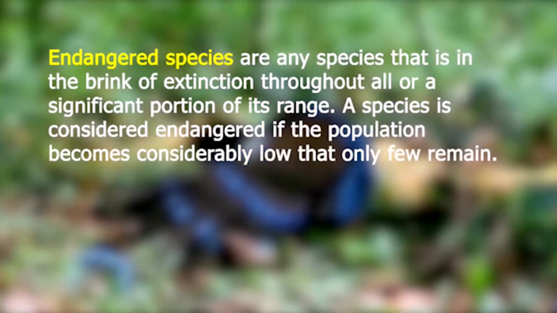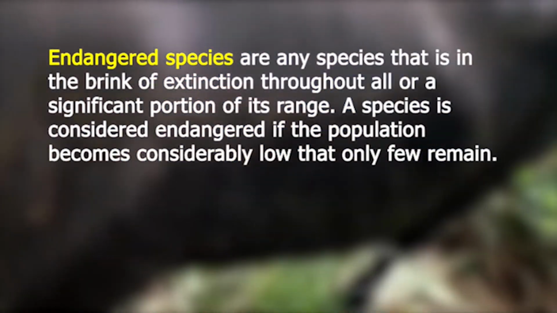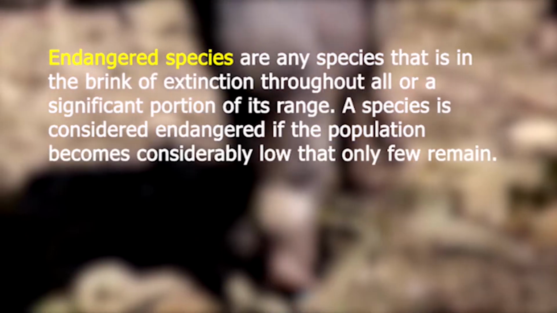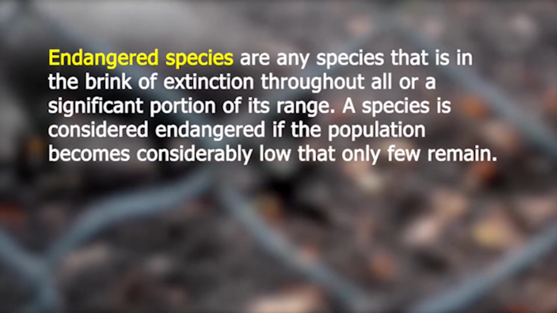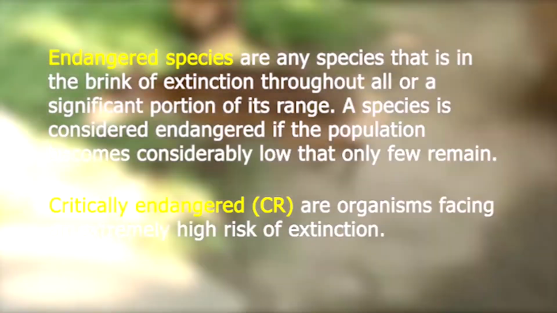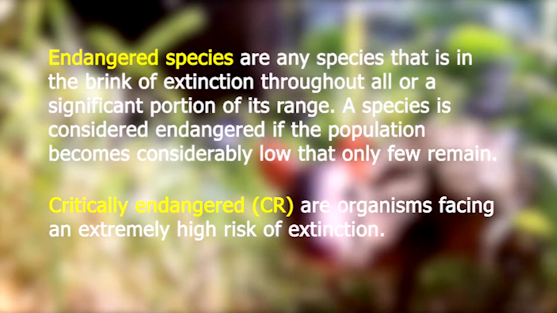Endangered species are any species that is on the brink of extinction throughout all or a significant portion of its range. A species is considered endangered if the population becomes considerably low and only few remain. Critically endangered are organisms facing an extremely high risk of extinction.